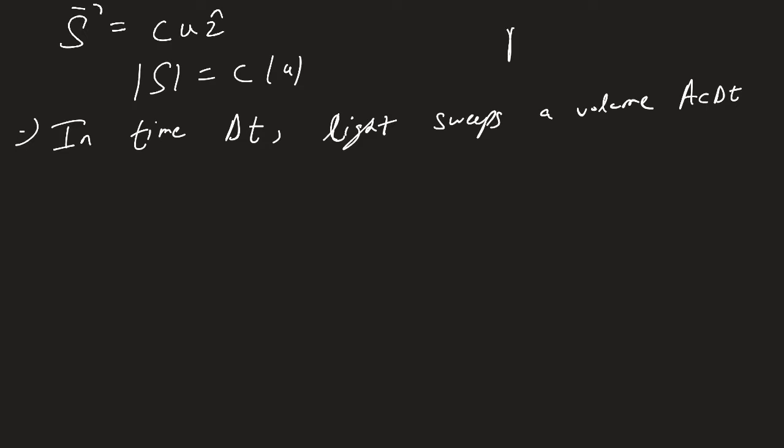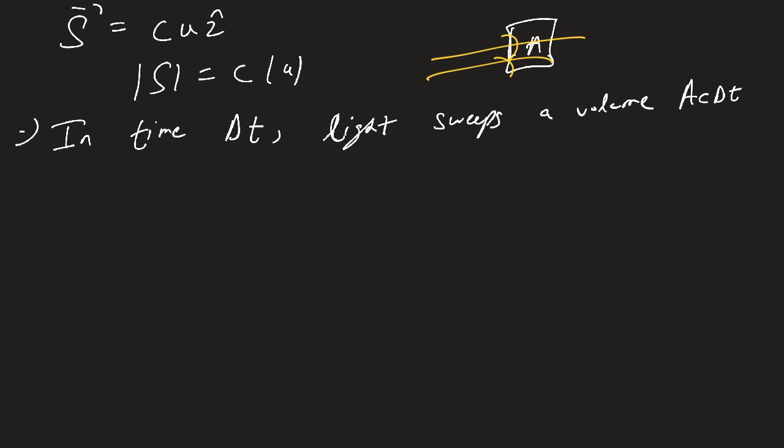So let's say light passes through some cross-sectional area A. Let me just draw a beam of light. The amount of volume which the light sweeps in time delta t is A c delta t.